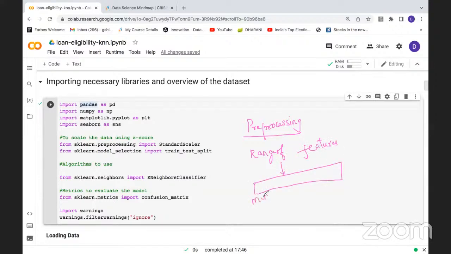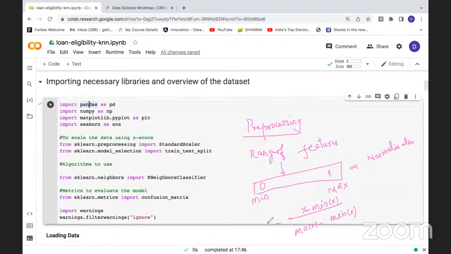The minimum value and the maximum value should be in the same range. That is 0 to 1, if you apply normalization. There is a formula for this: x minus minimum of x divided by maximum of x minus minimum of x.